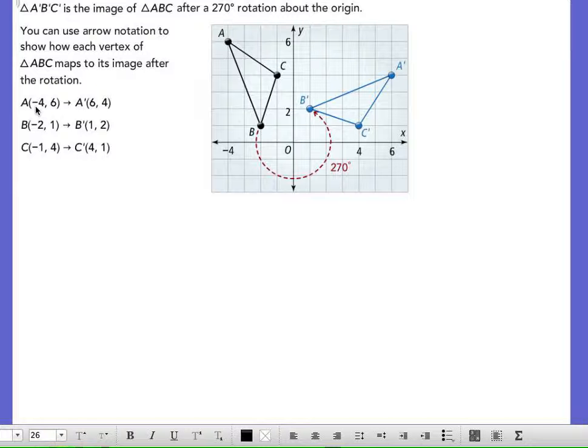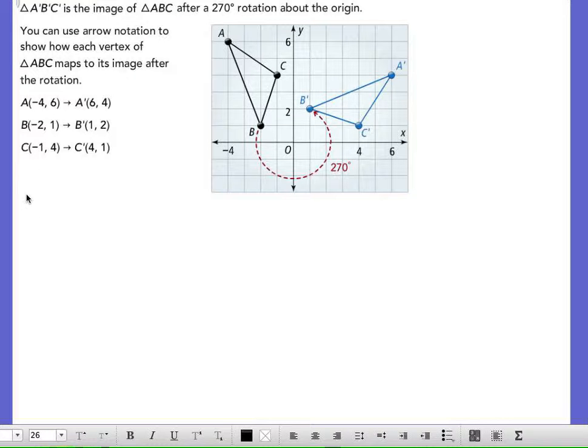A is at negative 4, 6. When you rotate it 270 degrees, it becomes A prime at 6, 4. B is at negative 2, 1. B prime is at 1, 2. C is at negative 1, 4. C prime is at 4, 1.